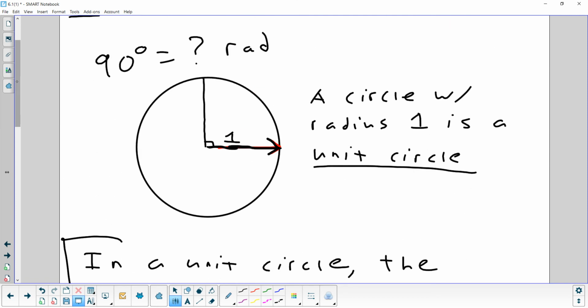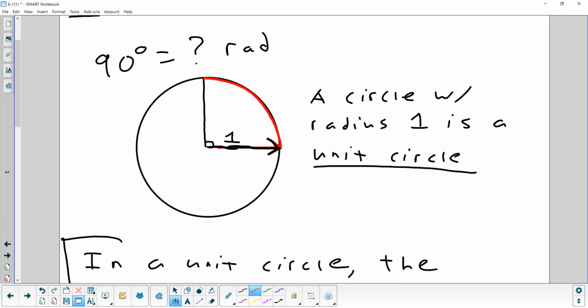So how would you figure out the length of that arc? Yeah? Convert the degrees to radians? We don't know how to convert degrees to radians yet. That's what we're figuring out.